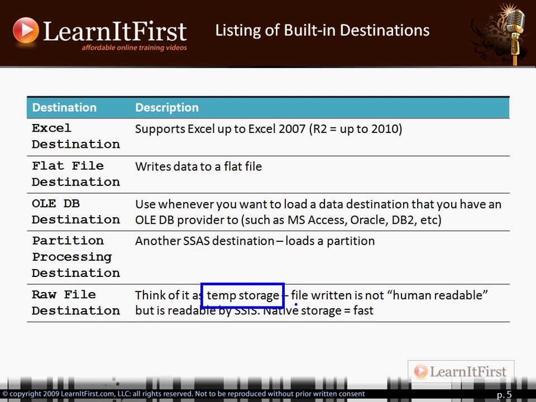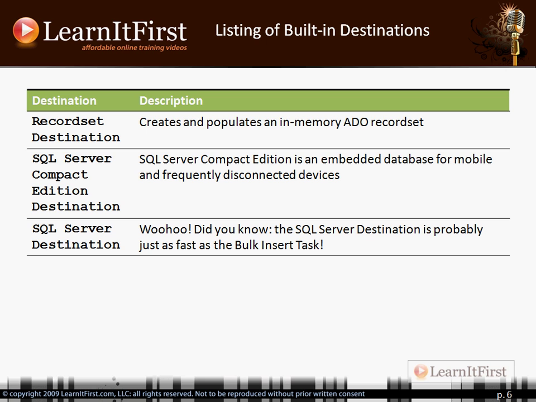And then when I was done, I would delete my raw file. So passing data between packages, it's a great way to use the raw file. It's super fast because it doesn't have to format everything. Again, I'll show you that here in just a little bit.